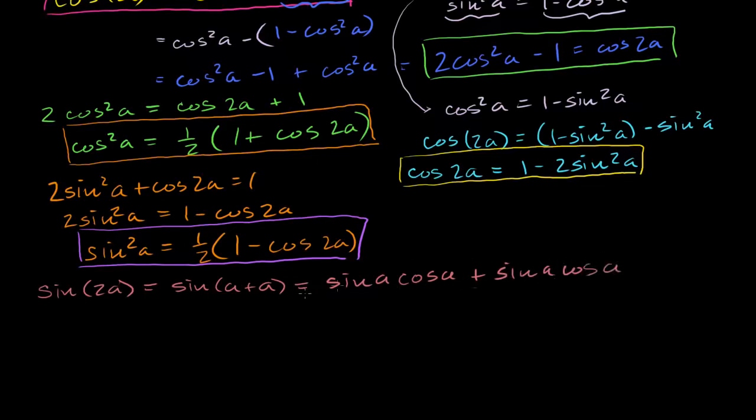Well, I just wrote the same thing twice, so this is just equal to 2 sine of a cosine of a. That was a little bit easier. So sine of 2a is equal to that. So that's another result.